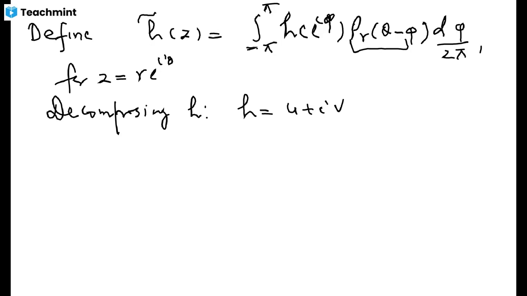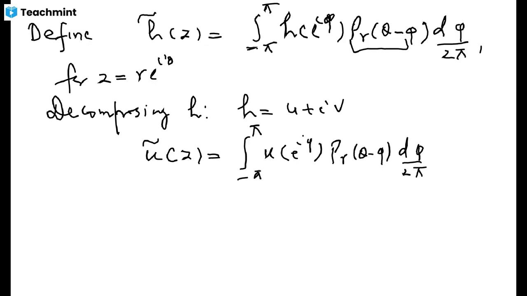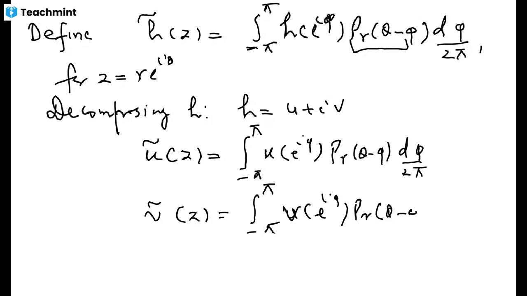Let the real part of h tilde be denoted by u tilde(z), the integral from minus pi to pi of u(e^{i phi}) P_r(theta minus phi) d phi upon 2 pi, and we will have v tilde(z) as the integral from minus pi to pi of v(e^{i phi}) P_r(theta minus phi) d phi upon 2 pi.